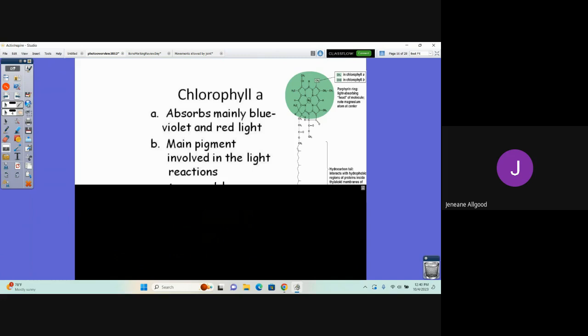Oh, sorry, I got to explain the main pigment. The main pigment would be like our team captain. What you're going to see tomorrow and Friday is that it's kind of like when your trivia team gets to confer or talk about an answer, and then the team captain reports it. These other pigments will absorb whatever wavelengths of light they absorb best, but then they will pass that energy onto a molecule of chlorophyll A that is centrally located in a place called the reaction center.